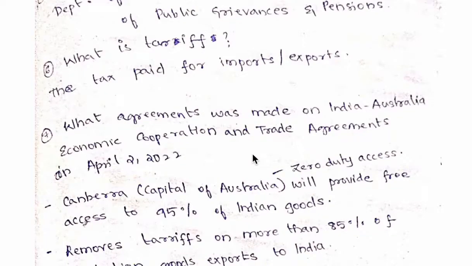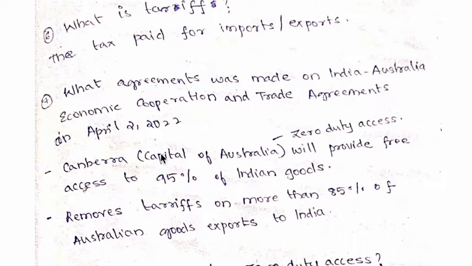Seventh question, what agreements were made on India-Australia Economic Cooperation and Trade Agreements on April 2nd, 2022? Here actually Canberra is the capital of Australia. So Canberra will provide free access to almost 95% of Indian goods.